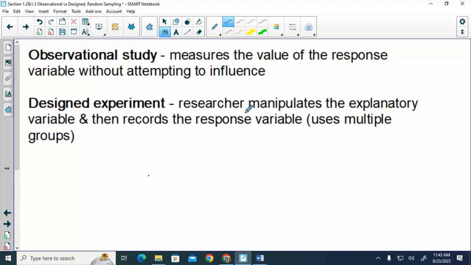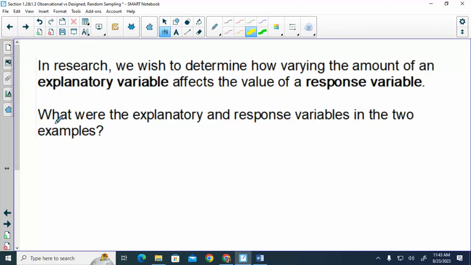You'll notice this uses a couple of terms that we haven't really talked about: explanatory variable, response variable. So when we are talking about those, the explanatory variable, we're looking to see how much we vary that, the outcome it would have on the response.